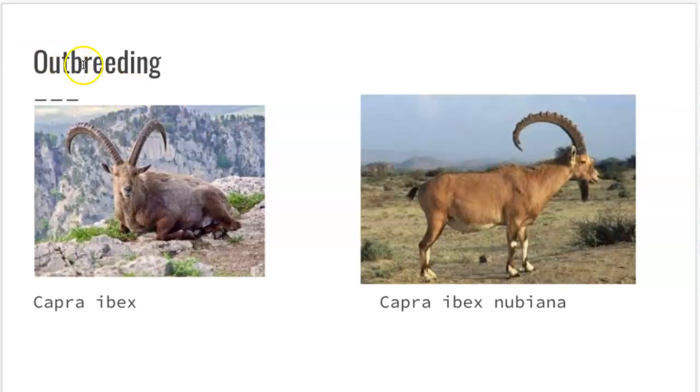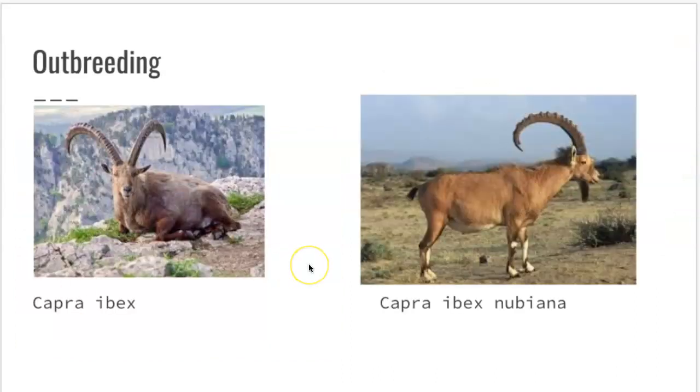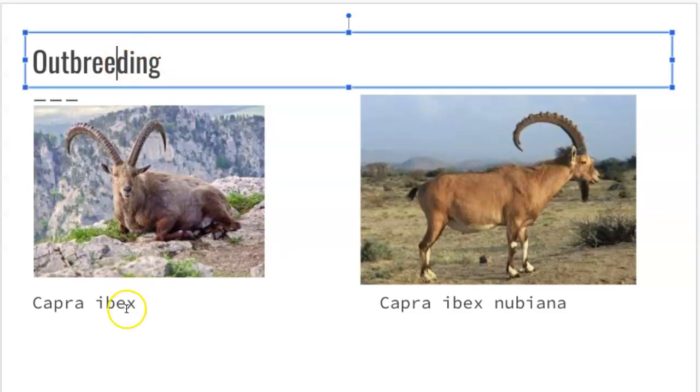Another way that non-random mating can occur is by outbreeding. So a lot of times, individuals may prefer to mate with other individuals who are genetically distant from each other. I'm going to give an example here that I think is interesting of outbreeding. So the Capra ibex lived in the European Alps. It was endangered, in large part as a result of hunting and poaching.